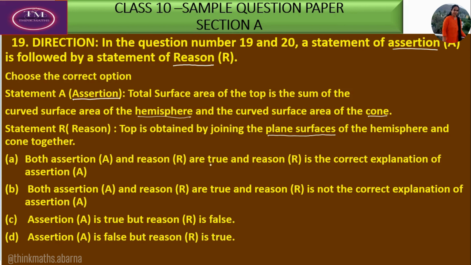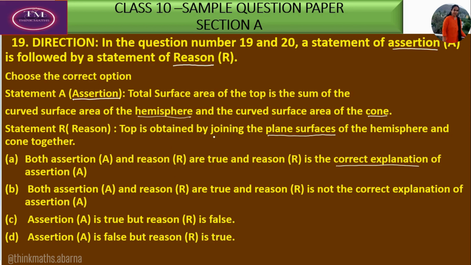Both assertion A and reason R are true and reason R is the correct explanation of assertion A. In part B, both assertion A and reason R are true and reason R is not the correct explanation of assertion A. Assertion A is true but reason R is false. Assertion A is false but reason R is true. This is the type of question in the 19th and 20th parts.